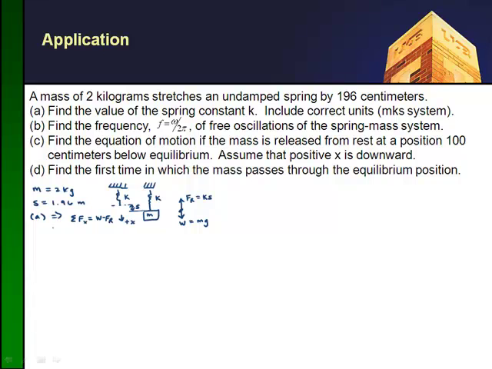And since it's a static system, W minus FR is 0, in which I can say mg for the weight, if I bring FR to the other side, is equal to K times S, in which K is equal to mg over S. So we have 2 times G, which in the MKS system is 9.8 meters per second squared, and S is 1.96 meters.